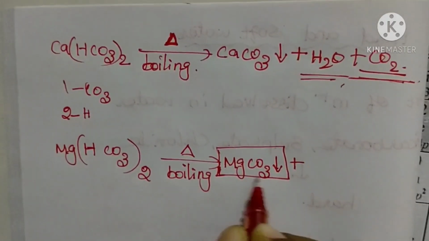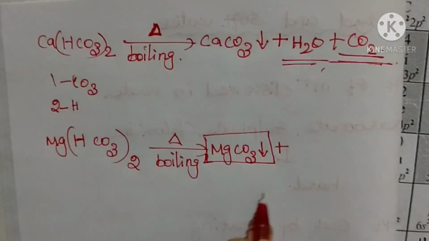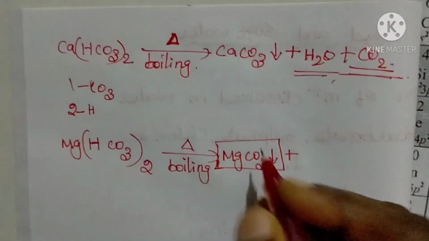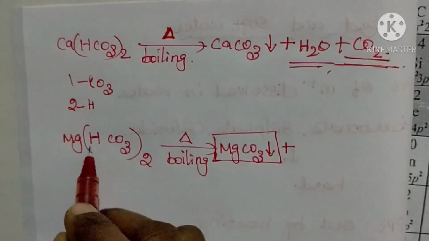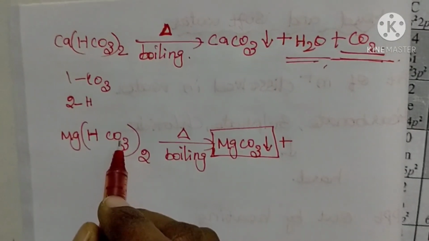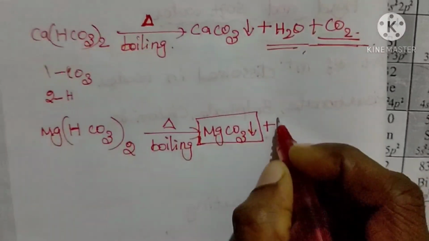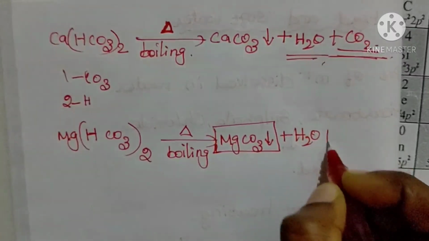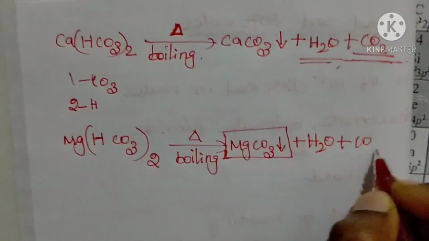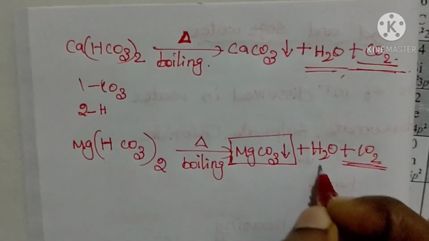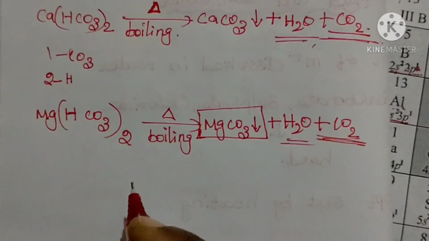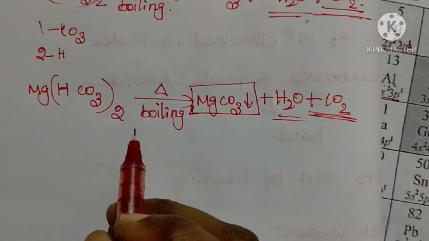It forms magnesium carbonate as the major product, which is precipitated out, and the remaining ones are the byproducts of this reaction. Same as before, two hydrogen are combined with one oxygen from this carbonate and form H2O as the first byproduct, and the remaining CO2 is formed. CO2 is another byproduct.